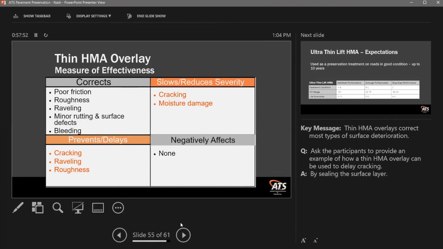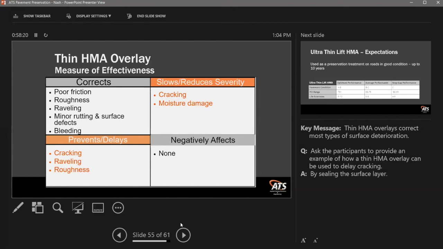You're going to seal off that bottom, so you're going to reduce the reflective cracking as it comes up, so you can have that polymer modified tack underneath it to try and reduce the reflection of those cracks. You're going to seal out the moisture coming in from the top, and you're going to prevent some of the raveling that may have previously been present.